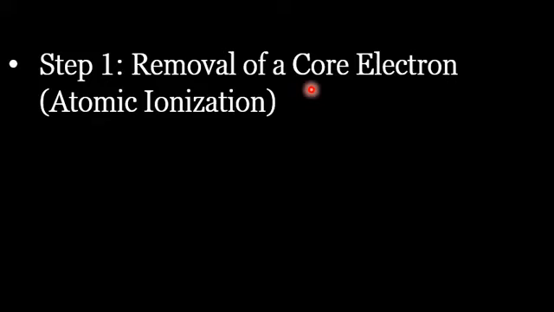Students, please note that in Auger electron spectroscopy, a stream of electrons is incident on a core shell of an atom. A core shell is usually a K shell of an atom.